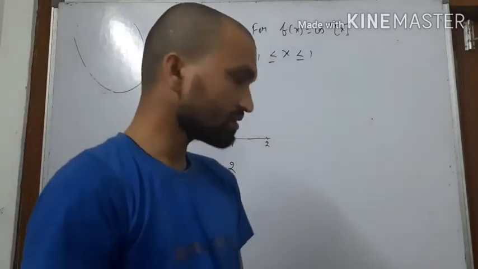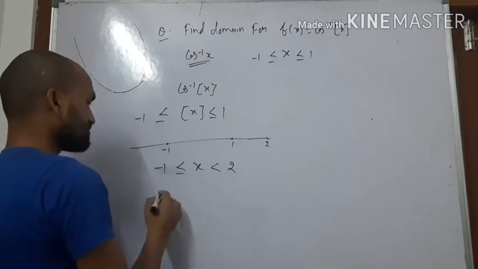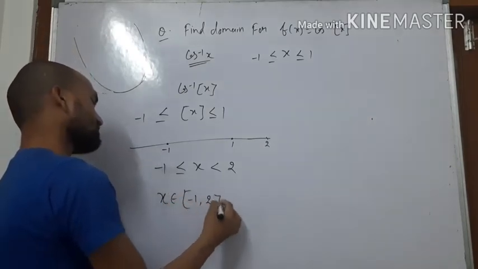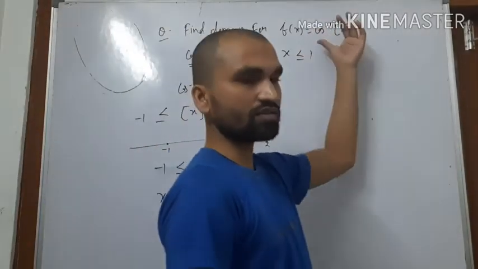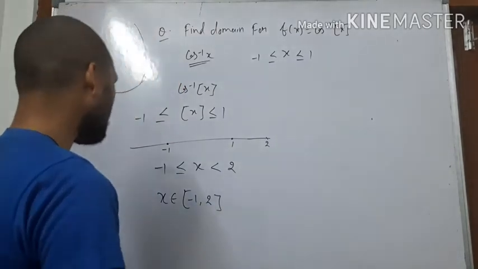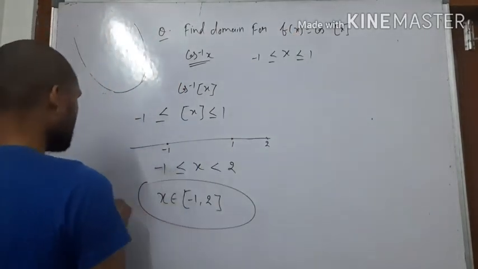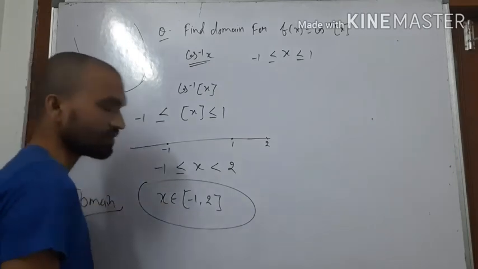Okay students, so here we have obtained x belonging from the closed interval -1 to the open interval 2. This is the domain of the given function cos inverse greatest integer x. So our final answer is that the domain of this function is this. Okay, this is our final answer.